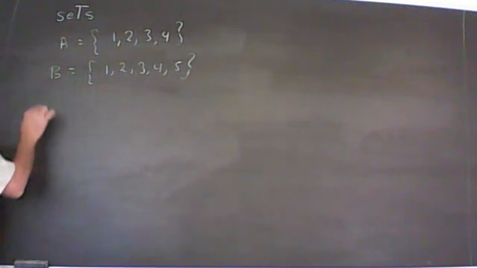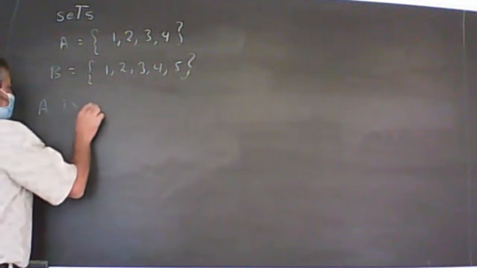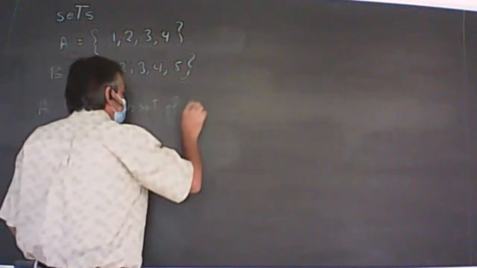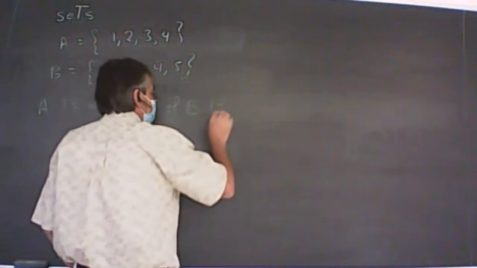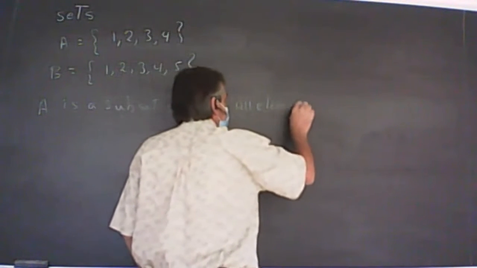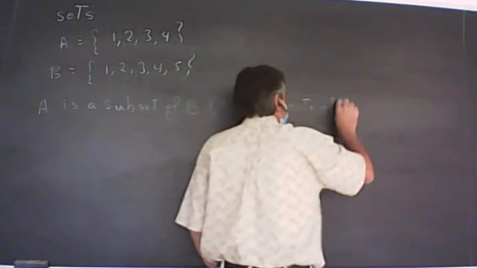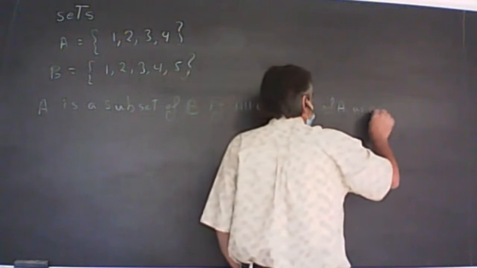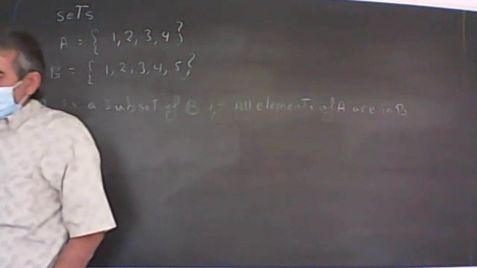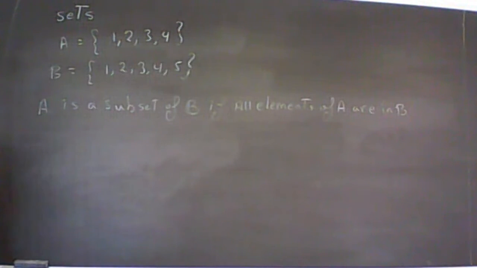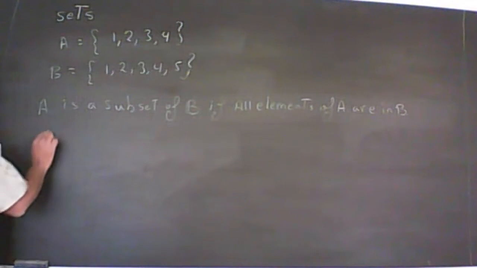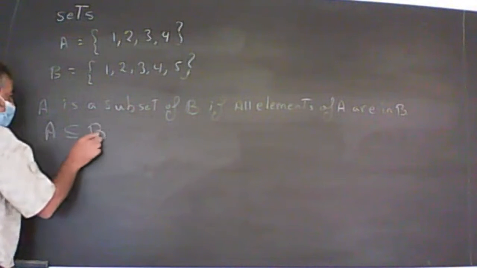We say A is a subset of B if all elements of A are in B. So now, in order to specify that A is a subset of B, how do I write that? A subset B.